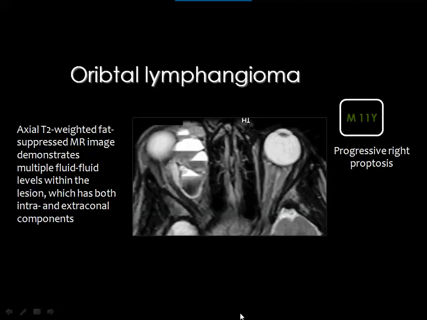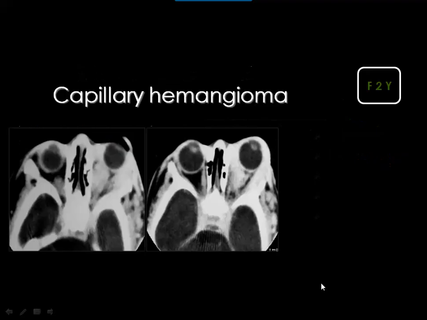But in order to diagnose lymphangioma or cystic hygroma, the only diagnostic criterion for this is the presence of multiple fluid levels. If you see a big cystic lesion within the orbit of a child with multiple fluid levels within the cystic lesion, think of lymphangioma or cystic hygroma.